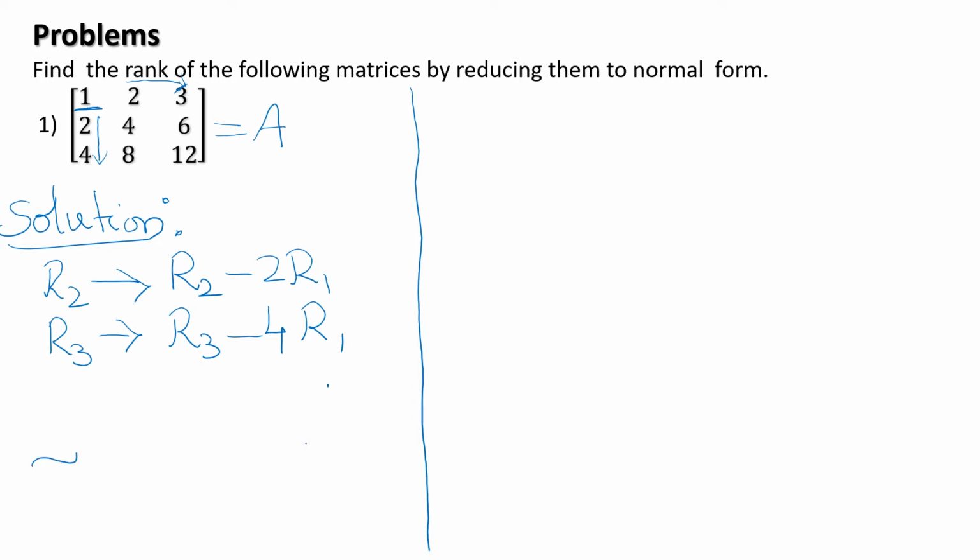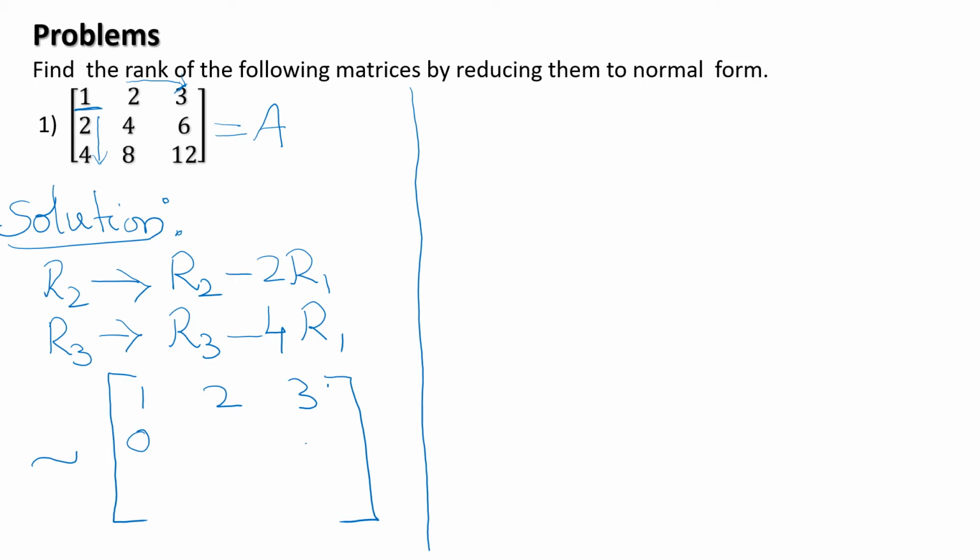The first row we are not changing, 1 2 3 stays as it is. With the second and third rows we are making some operations, so obviously those elements will change. For the second row, we multiply the first row elements by -2 and add to the corresponding elements. Therefore 2 minus 2 into 1, 2 minus 2 is 0.